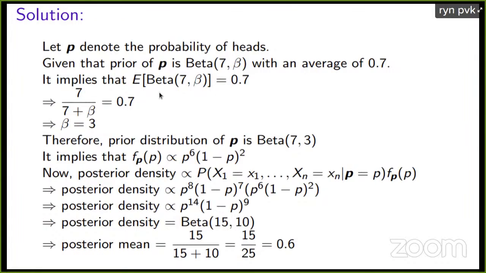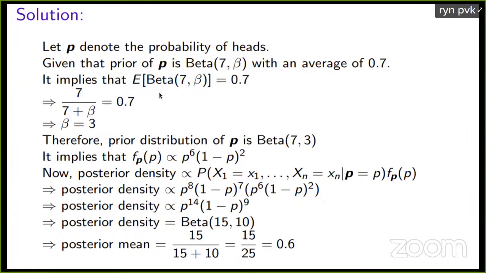Now the posterior density is directly proportional to the likelihood times the prior density. And I know how many times in 15 tosses I got heads: 8 times. So the likelihood becomes p to the power 8 into 1 minus p to the power 7.